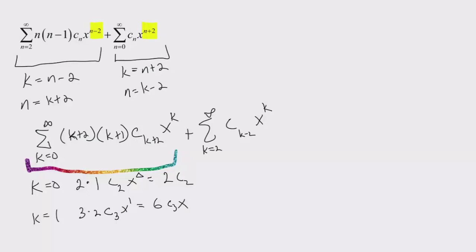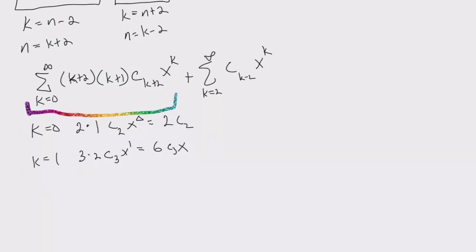All right, so if those are the first two terms, then I have 2c2 plus 6c3x plus, and now they both start at 2 to infinity. And then I can just combine them into a single pattern.